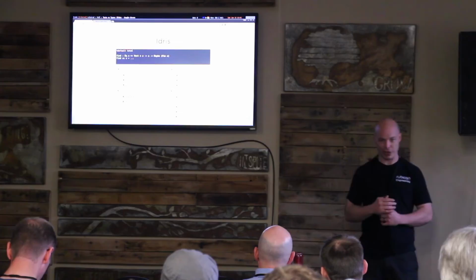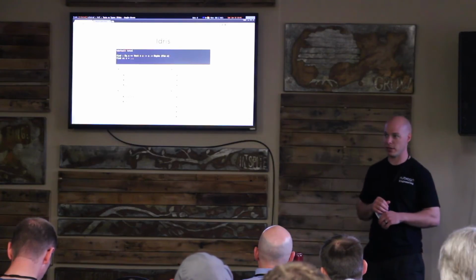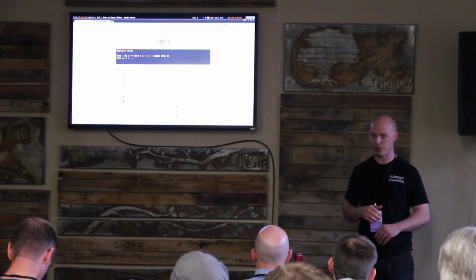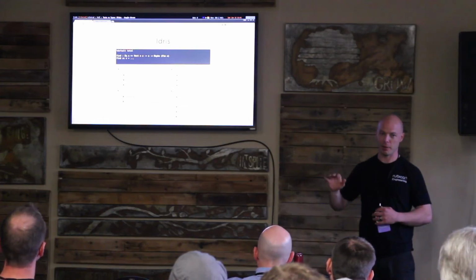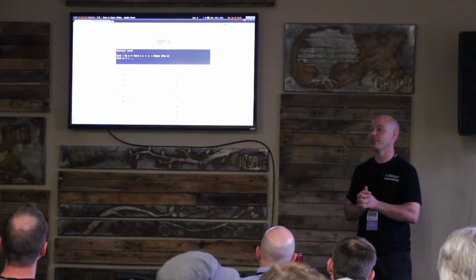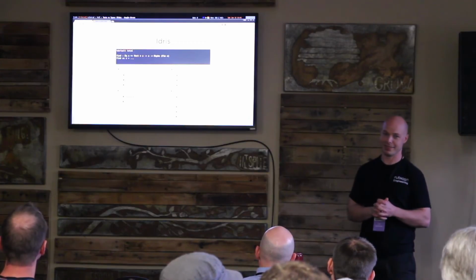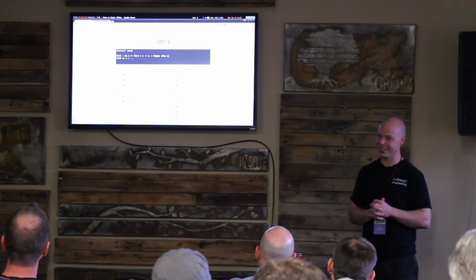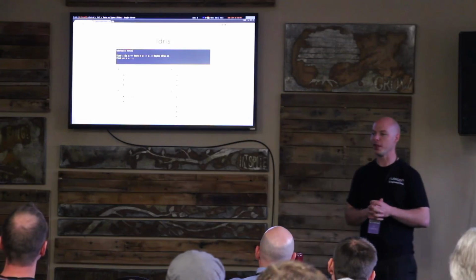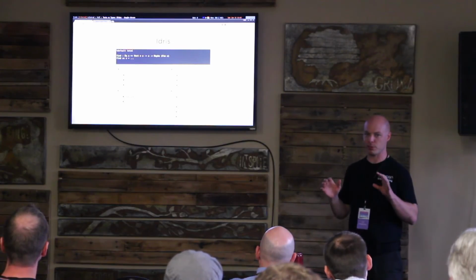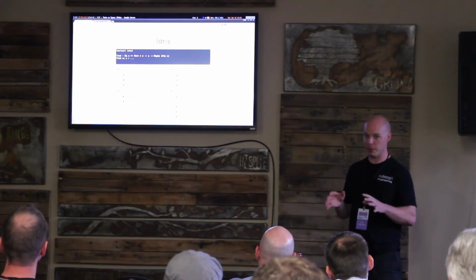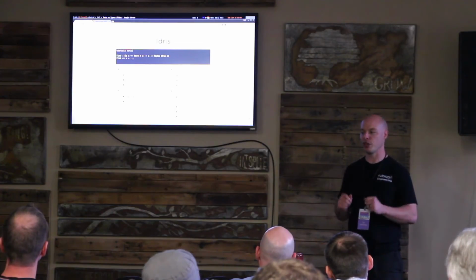Idris supports totality checking. That is to say, I can guarantee you that this function halts. Now, Bob Wall back there, he's thinking, halting problem, that's not a thing. Sorry, you're not solving that. The way that they get around that is it's only on functions that operate on specific types, and they don't support general recursion.